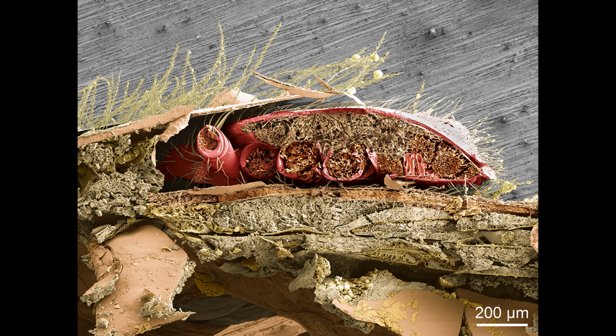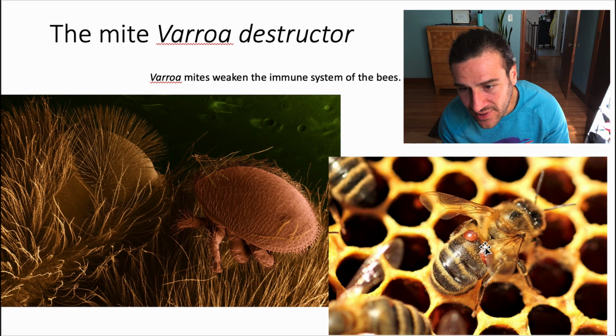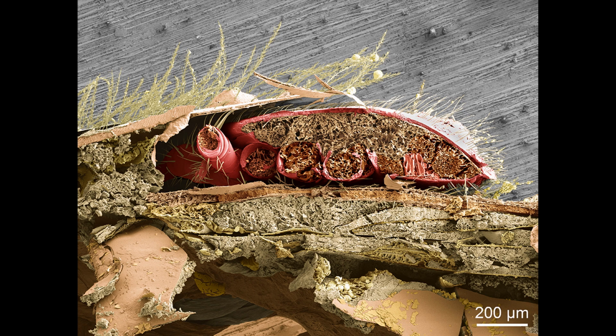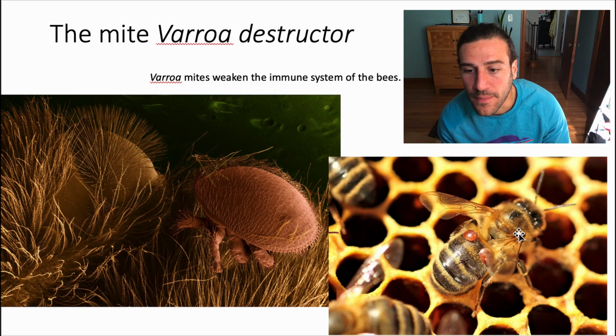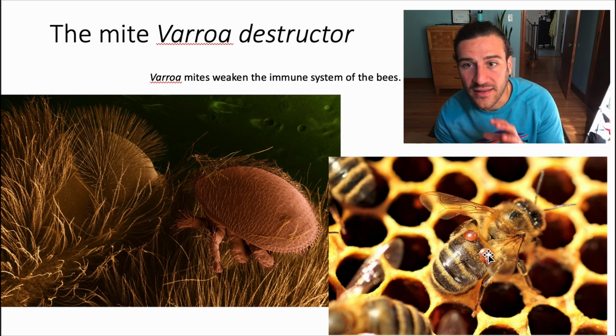They slip in between these abdomen plates, and that feeding appendage was not attached to the vascular system of these bees, but instead it was attached to these adipose, these fat little globules.